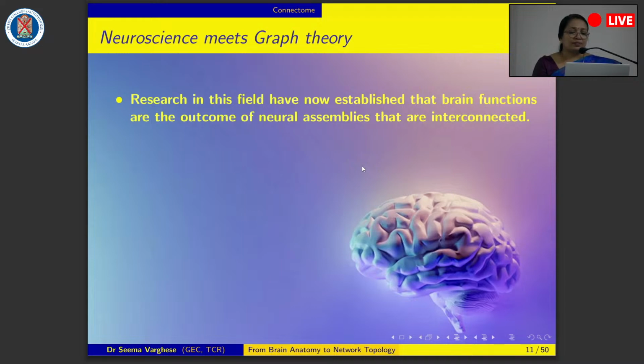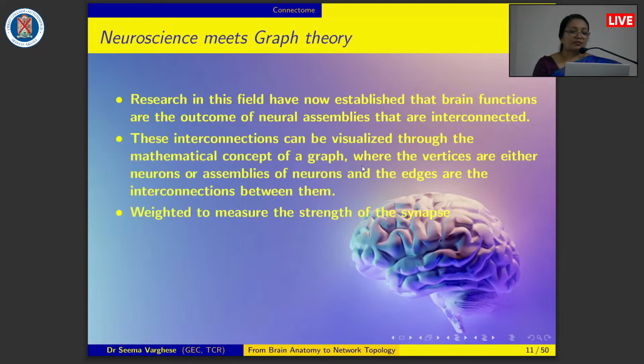Now, the idea is to look at the connections of neurons using a graph. We saw that you have the cell body and the tail is connected to the next cell body.